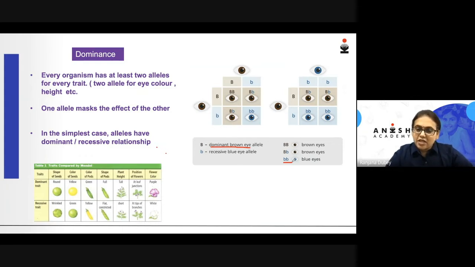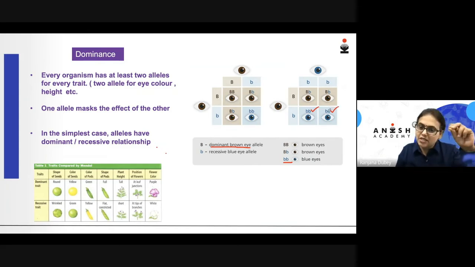Every time it was seen that whenever capital B, the dominant brown form, was present, the brown form was expressed. The other form, for blue color, was never expressed. It could express itself only when it was not present in association with capital B, the allele for brown color.